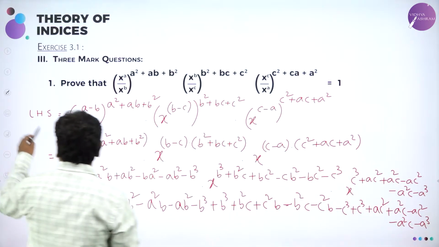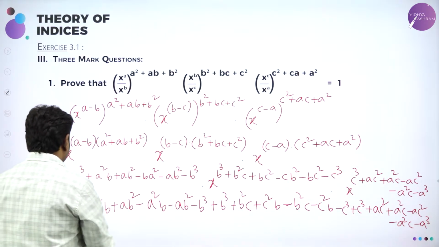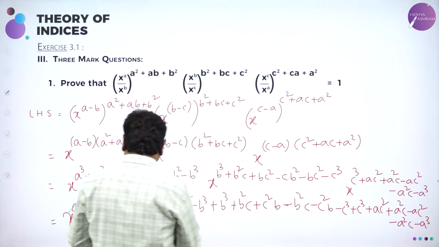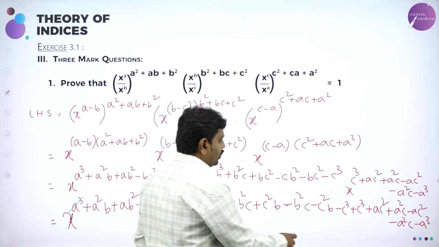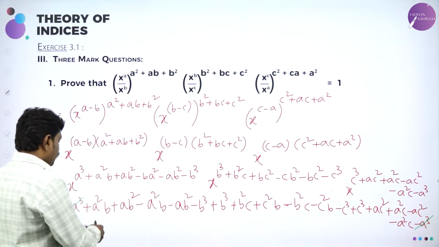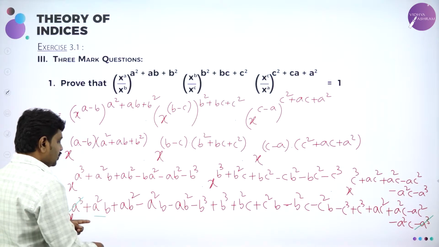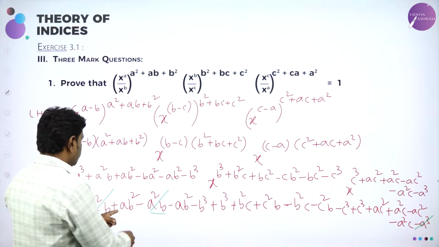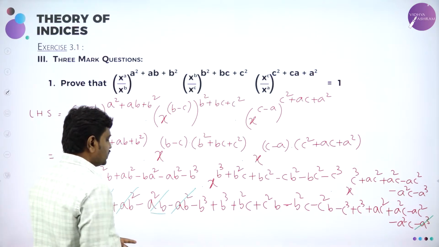Now equal and opposite terms you can cancel. Here we have positive a cube, and at the end we have minus a cube, so those cancel. Positive a square b and negative a square b cancel. Positive ab square and negative ab square cancel.